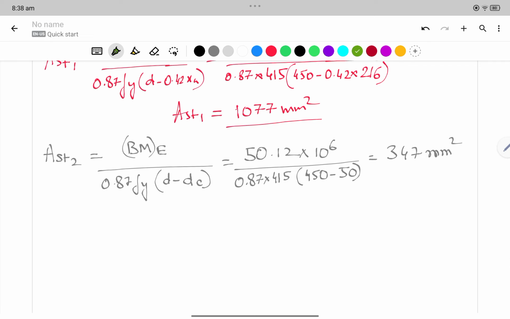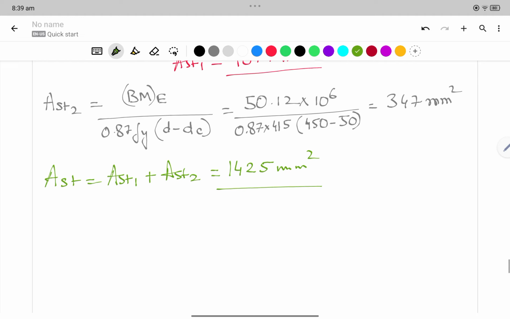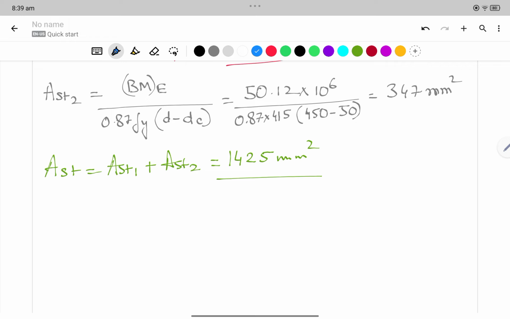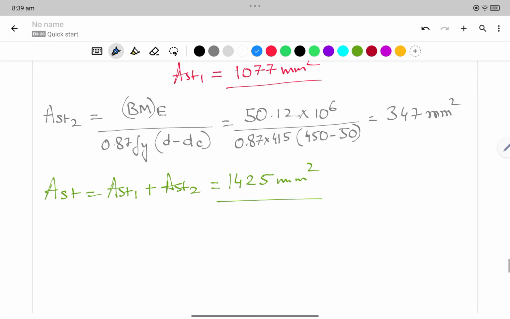So AST will be AST1 plus AST2 is equal to 1425 mm square. So this is the answer of AST, the bottom part steel. Now we will calculate the ASC, area of steel in the compression zone.